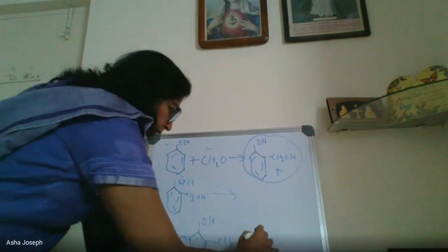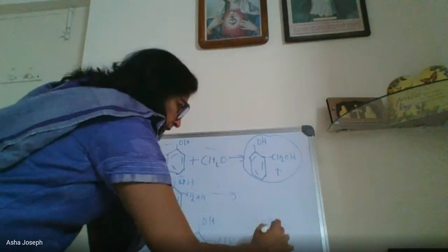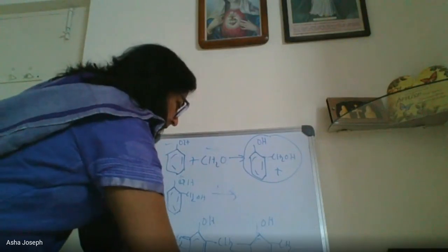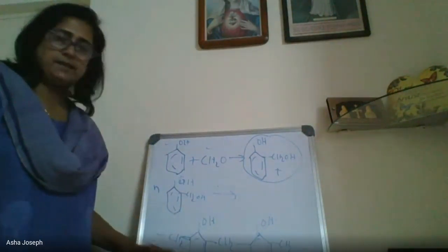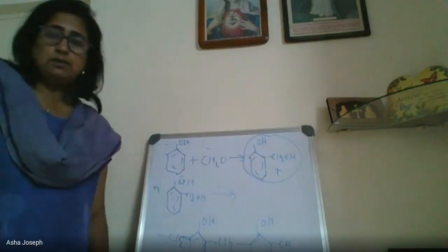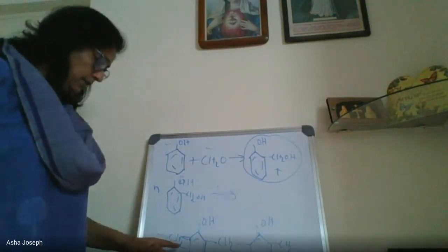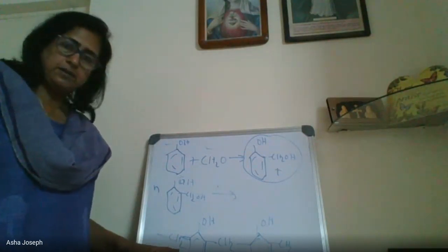CH2, OH, CH2, like that it is continuing. This is novolac. Understood? First novolac intermediate will be formed. You take the first one, ortho hydroxymethyl phenol, that undergoes polymerization and this will be formed. This is novolac.